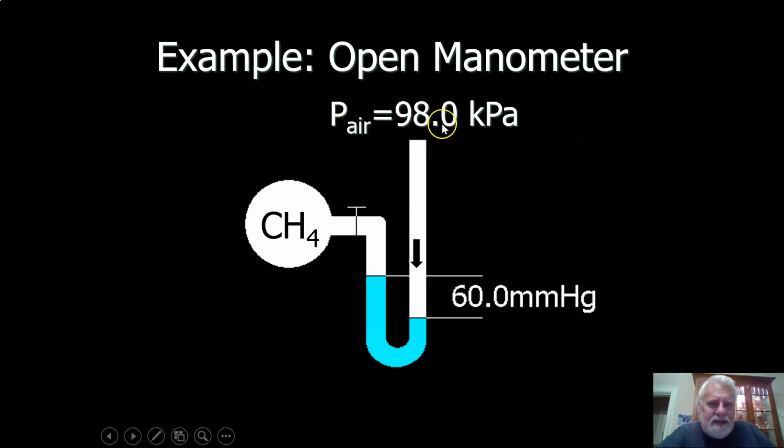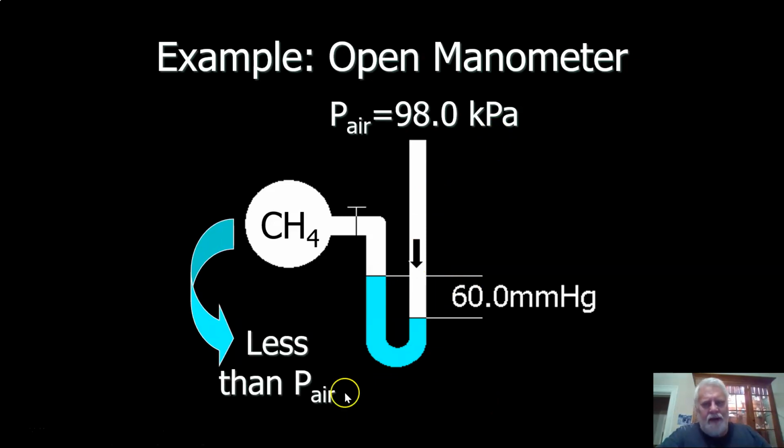Now, these open problems will always be accompanied with an air pressure. Okay? So the air pressure is 98.0 kPa, a little bit below normal, which is 101.3. And then we can move on to solve the rest of the problem. So what we notice at this time is the methane has less than 98.0, okay?